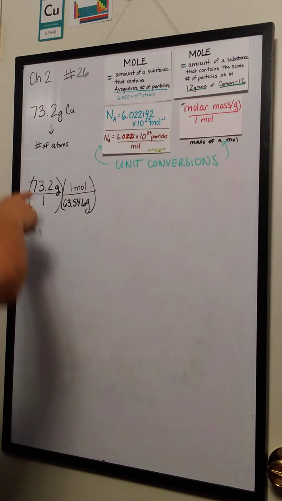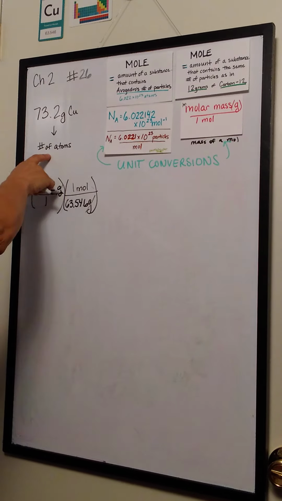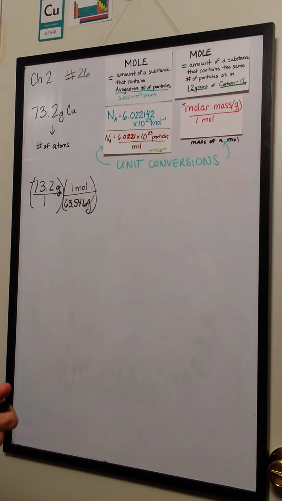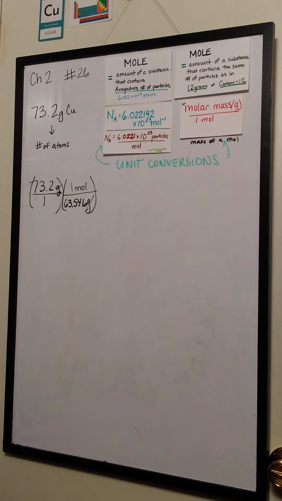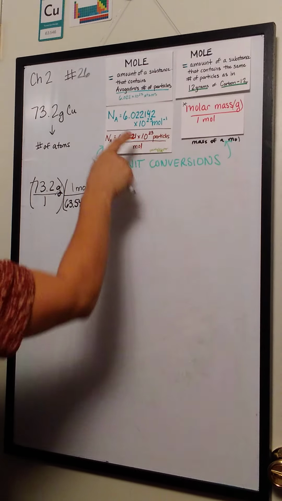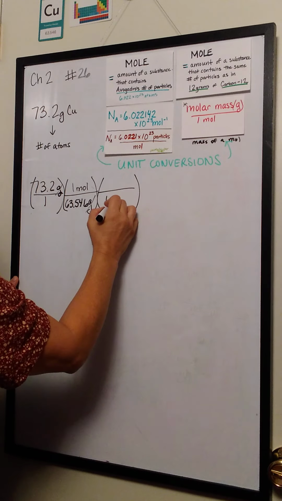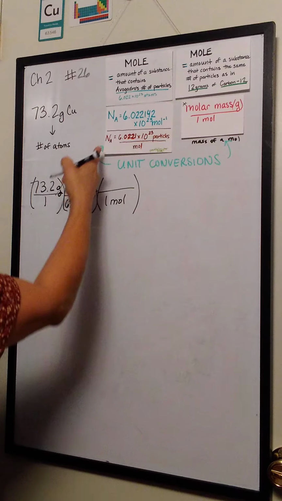Okay, so now we've converted our grams into moles, but the problem asks for number of atoms. So what is the unit conversion that converts number of particles to moles? Pause the video, figure it out. Okay, it's right here. 1 mole is Avogadro's number of particles.